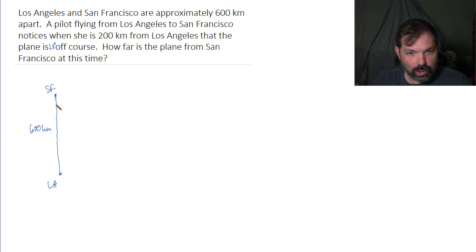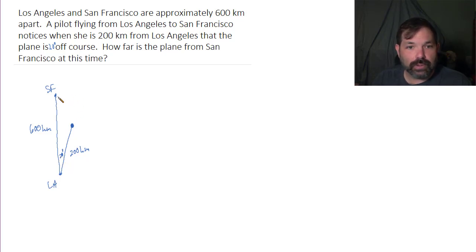So if we assume that the course would be the direct route from LA to San Francisco, then we're 20 degrees off course, and the distance now is 200 kilometers. So that's where the pilot is right now.